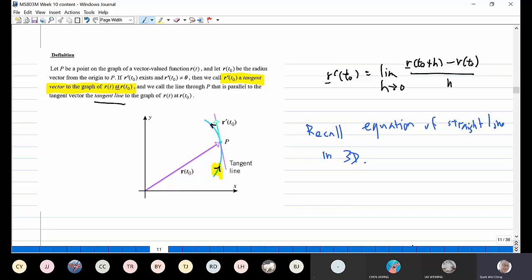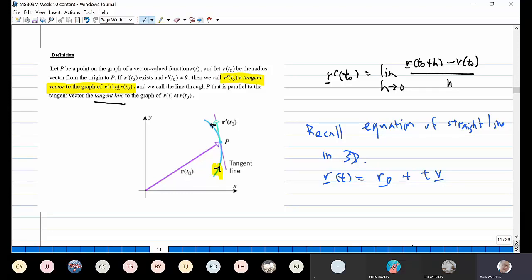What is the equation of a straight line in 3D? You have an equation like this: r(t) equals r0 plus tv.